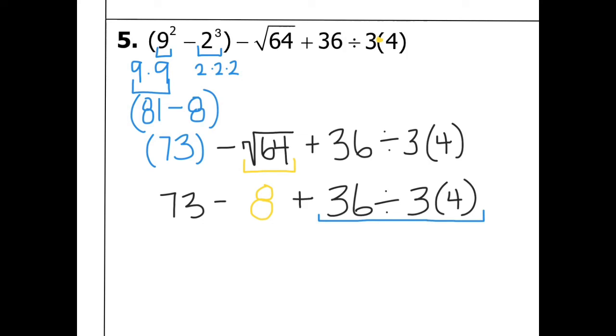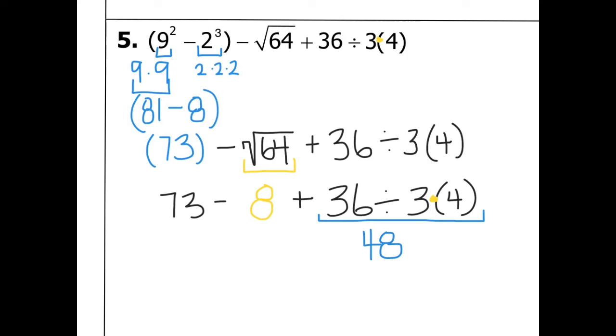And then when I'm done, I'm going to apply that little invisible multiplication that I had here and multiply my result by 4. So on my multiplication table, if I look up 36 divided by 3, I get 12. And then I have to go back to my multiplication table and find that my result, 12 times 4, is 48. So I'm going to put the result of this whole thing from left to right as 48.